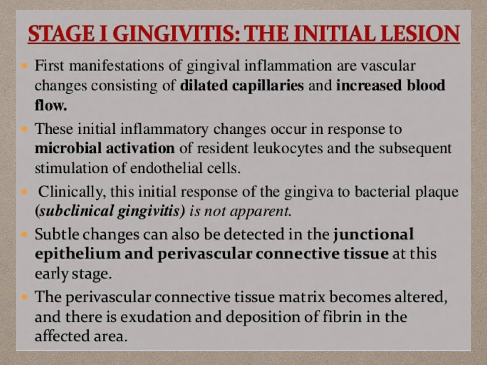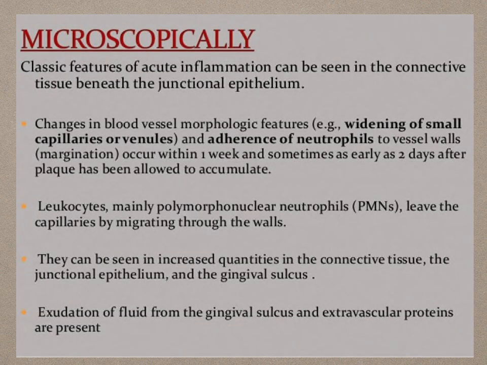This is subclinical gingivitis, not apparent, and occurs in response to bacterial plaque. Subtle changes can also be detected in the junctional epithelium and perivascular connective tissue at this early stage. The perivascular connective tissue matrix becomes altered and there is exudation and deposition of fibrin in the affected area.